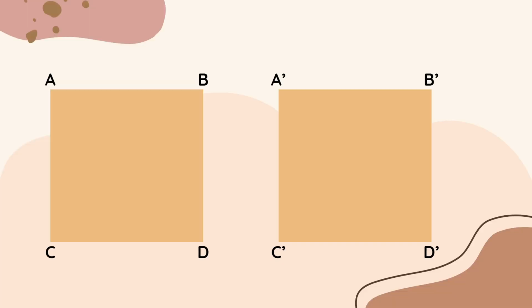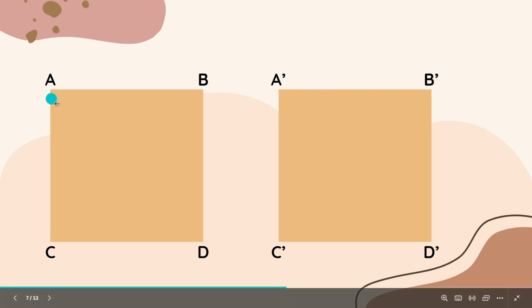Here is the example of renaming transformations. So, sa first one, makikita natin is meron tayong square. So, we have corners A, B, C, and D. So, this is called shape ABCD. While here, ito na yung transformed natin.